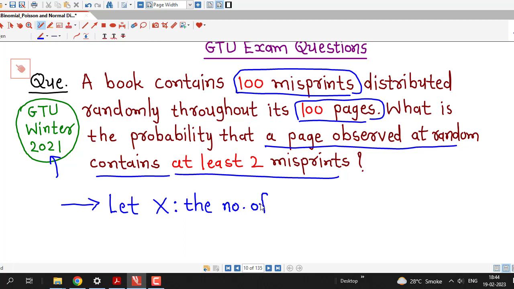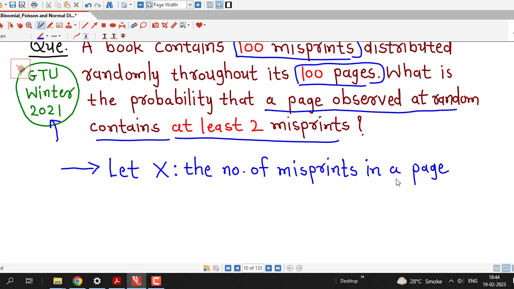Let X be the random variable which is the number of misprints in a page of the book. Then the possible values of this random variable are 0, 1, 2, etc.